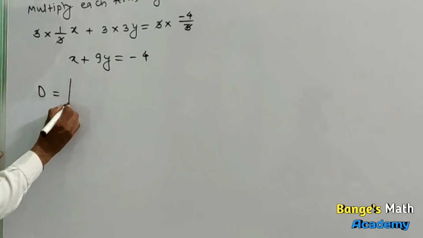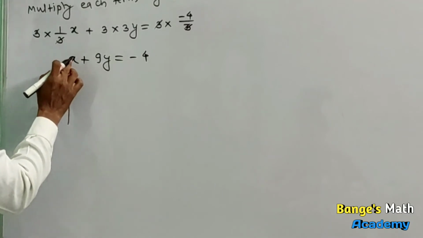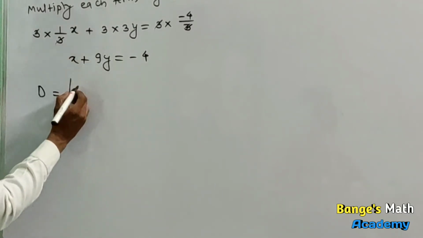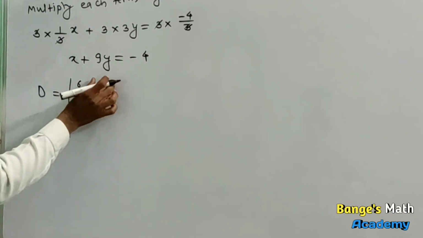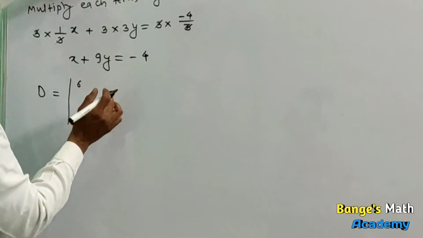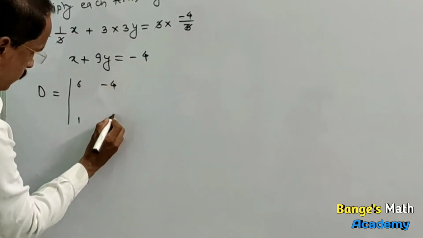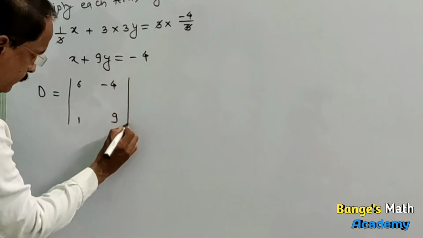d is equal to, in first column write down coefficients of x: 6, 1. In second column write down coefficients of y: minus 4, 9.